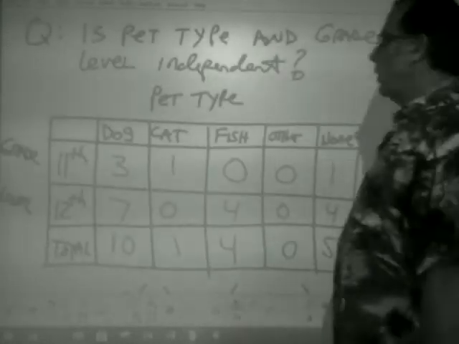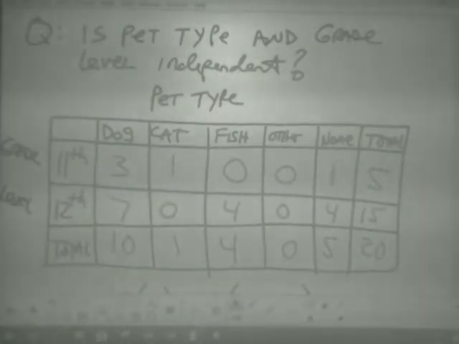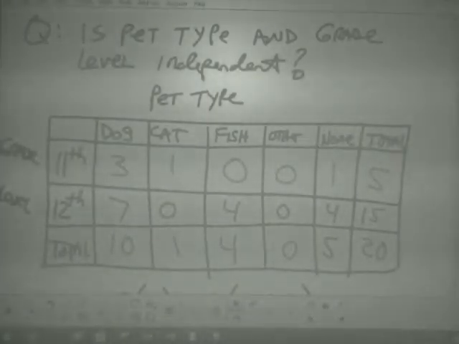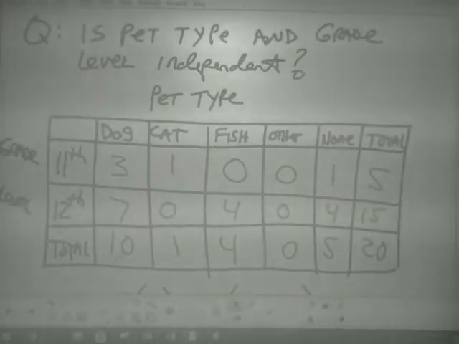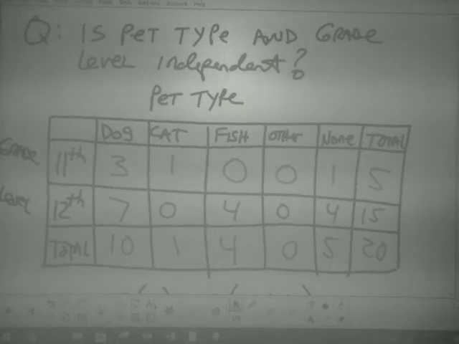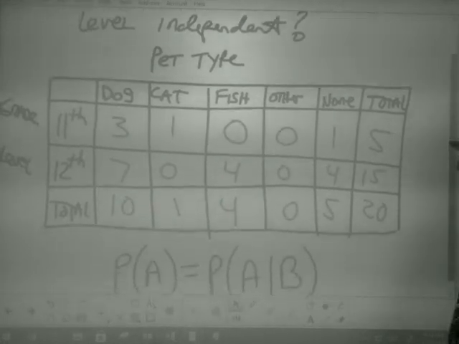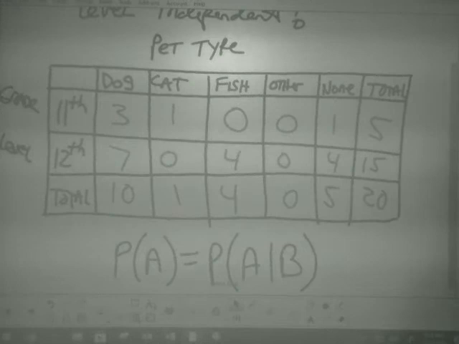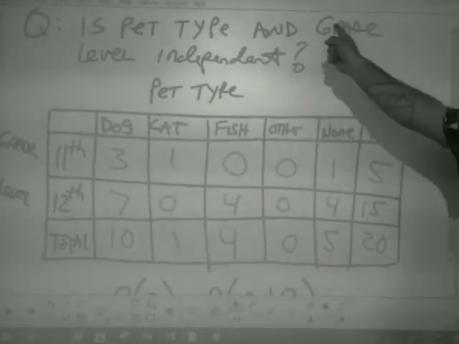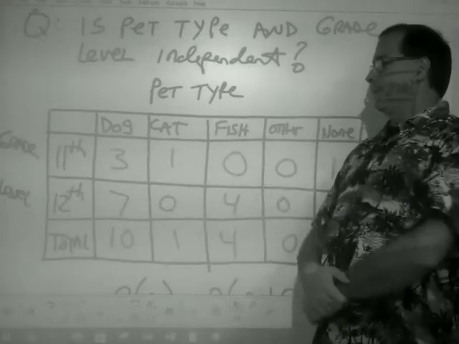So let's take a look at a question that we have. This is some data that I took around the type of pets people have and the grade level that they are. So here's my grade levels. Here's my pet types: dog, cat, fish, other, and none. And I want to know, is pet type and grade level independent?